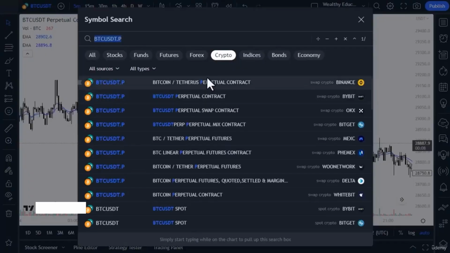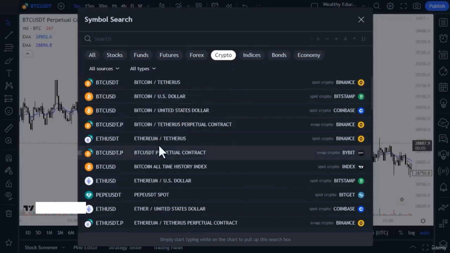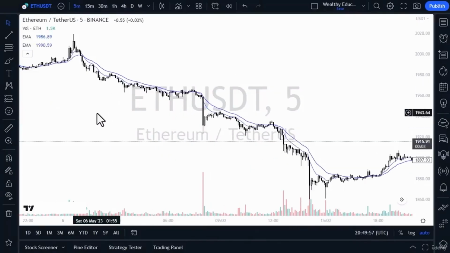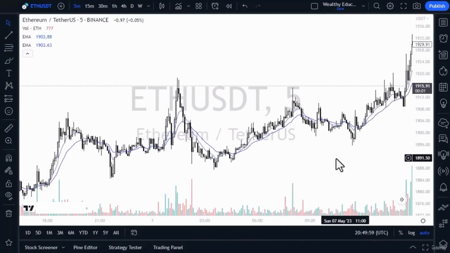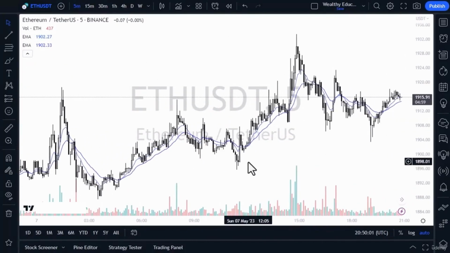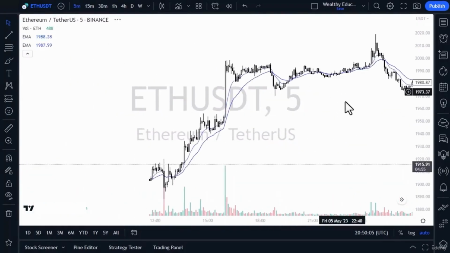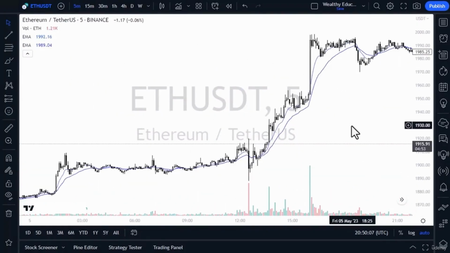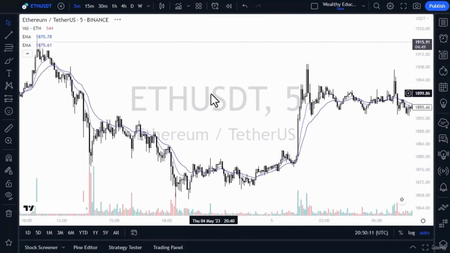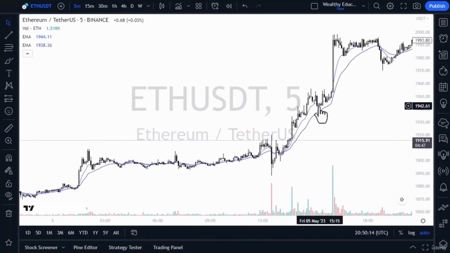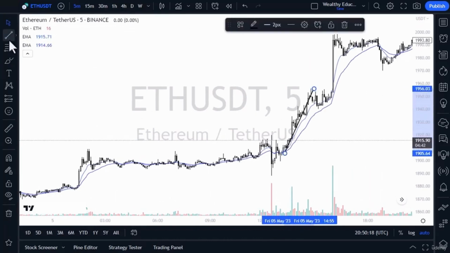You go ahead and pull up, let's just do Ethereum. So Ethereum has been very noisy as I record this recently. Should provide plenty of price action to look at as we go through the charts. So we have a situation here where we have a grind higher.